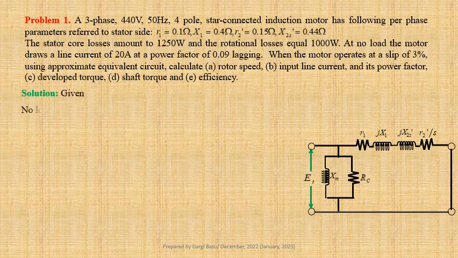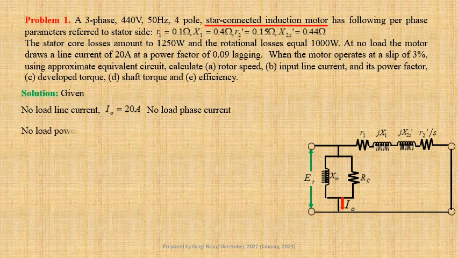Given no load line current I0 equals 20 ampere. For star connected induction motor, no load line current equals no load phase current. Given no load power factor cos phi 0 equals 0.09 lagging. Let us now determine no load power factor angle.